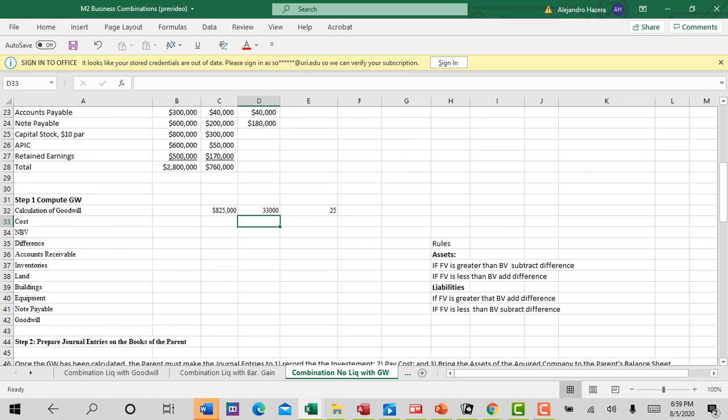Then we're going to compare that against the net book value of the other company, which is what we've always done. So we're paying $825,000 for 300,000 in common stock, 50,000 in additional paid capital, and 170,000 in retained earnings. Okay, so we're going to compare the two as usual.